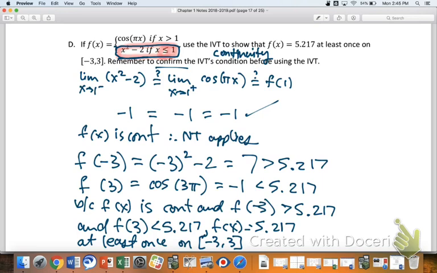We basically did 3 or 4 IVT questions. Are you getting the sense of it? Find a number above the target, a number below the target, and as long as the function is continuous, we've got it.